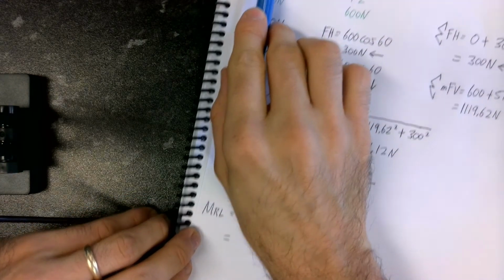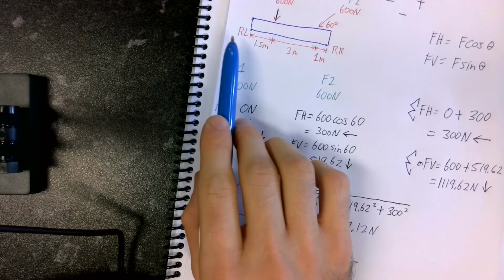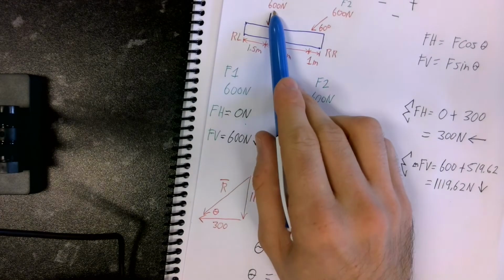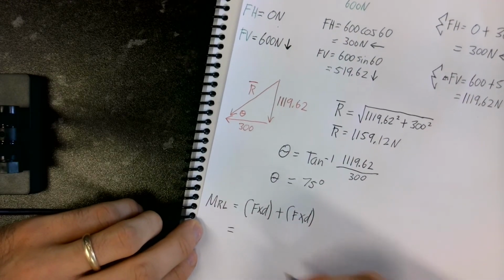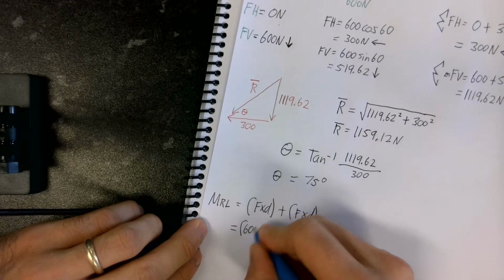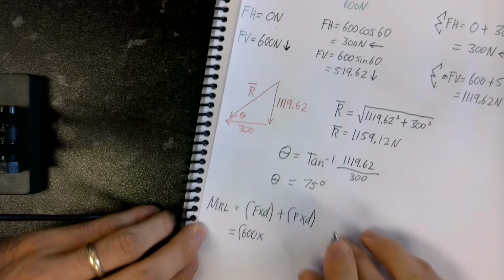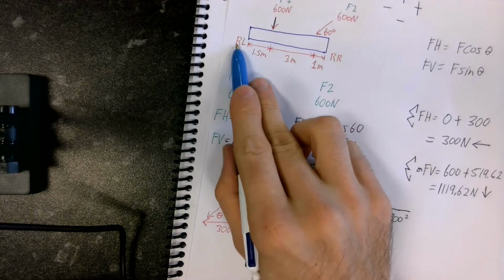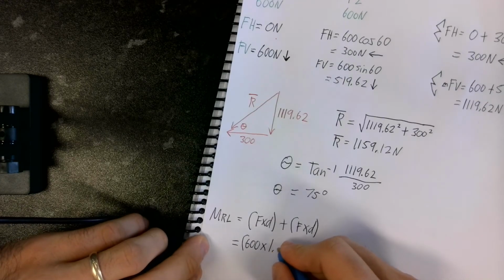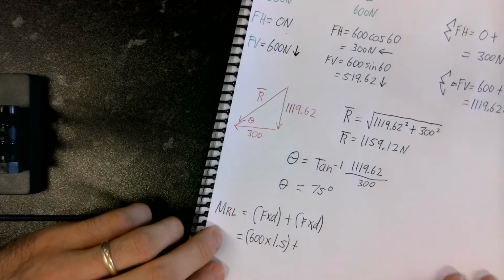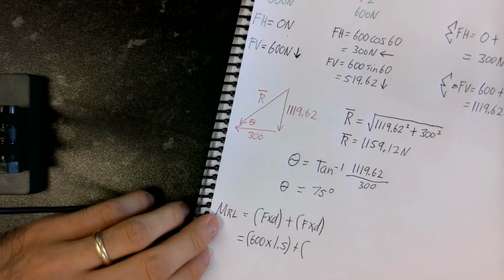We're starting at RL. So that 600, it's pushing down. It's a clockwise motion. So it's a positive 600, by the distance from RL, 1.5. Good job.